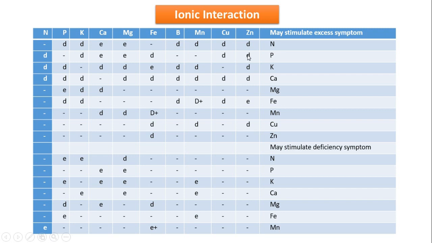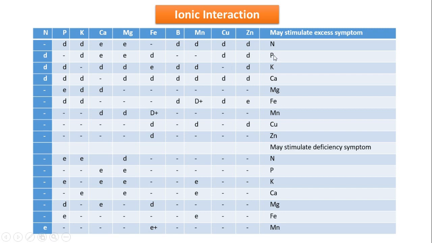If we see this, when the application of nitrogen is high, then P will be deficient, K will be deficient, calcium will be excessive, magnesium will be excessive, iron no interaction, boron will be deficient, manganese will be deficient, copper will be deficient, zinc will be deficient.